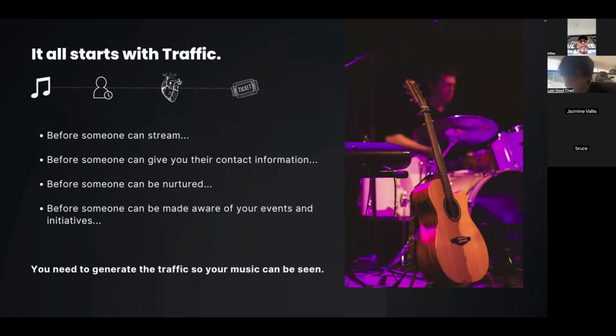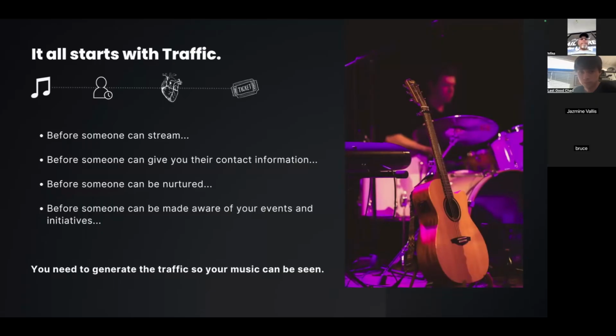Before someone can become nurtured, before someone can even become aware of your events and your initiatives, you need to generate the traffic first. And this is huge because we focus so much on the beginning, but it doesn't end there. And so this is why I want you to take them all the way through the journey that you've prepared for them as a brand, right?